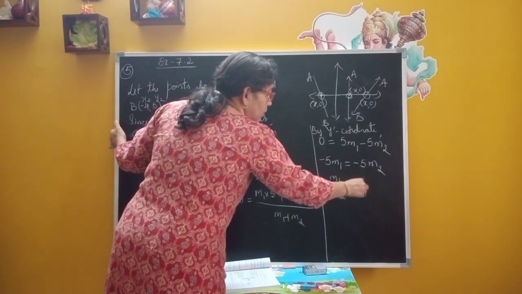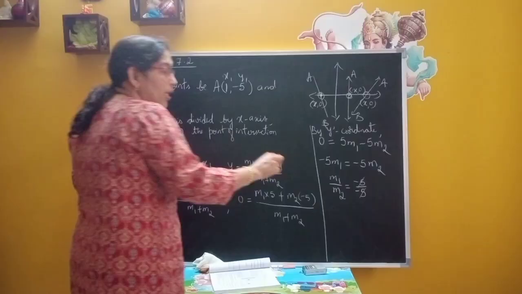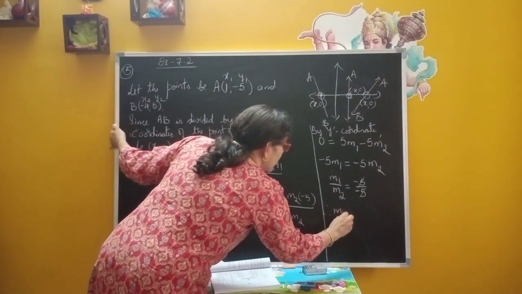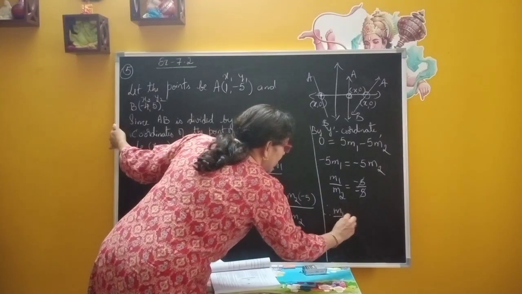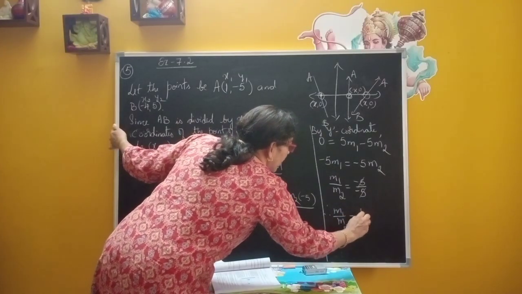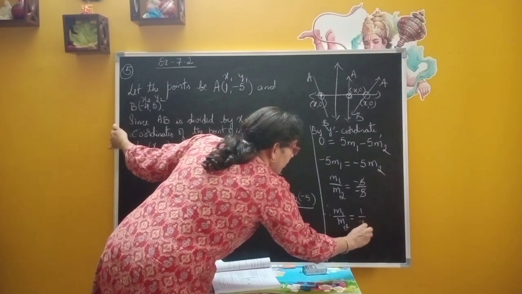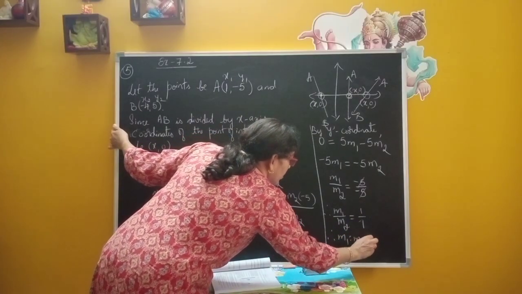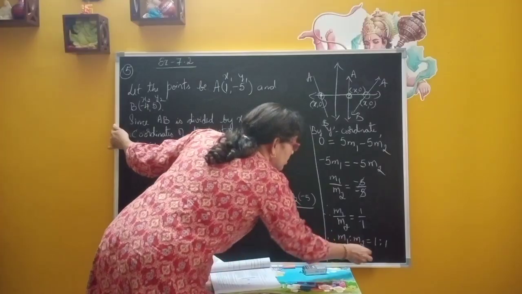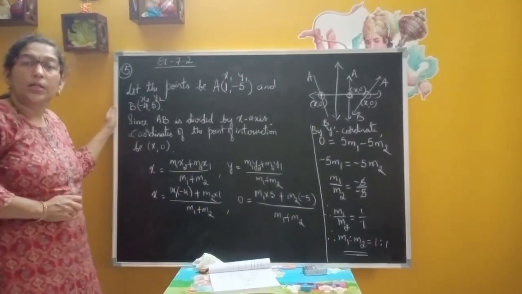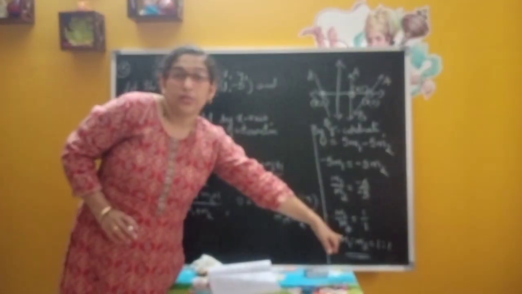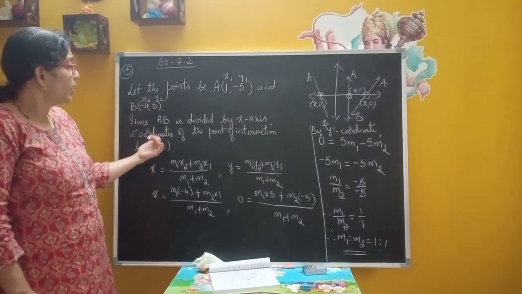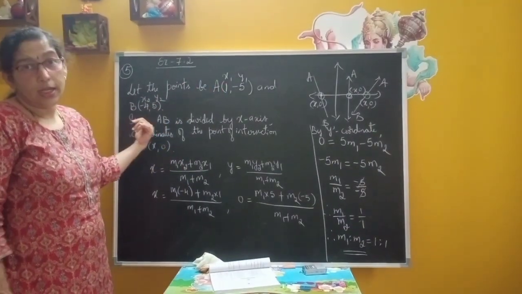Both get cancelled, so m1 by m2 is equal to 1 by 1. This is nothing but m1 is to m2 is equal to 1 is to 1. So what do you conclude? The ratio is 1 is to 1. That is nothing but the midpoint of the line joining A and B.